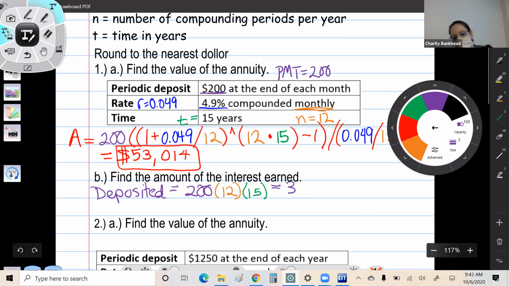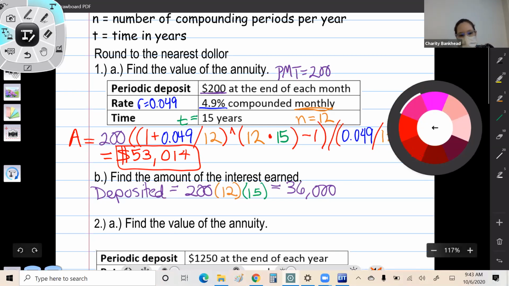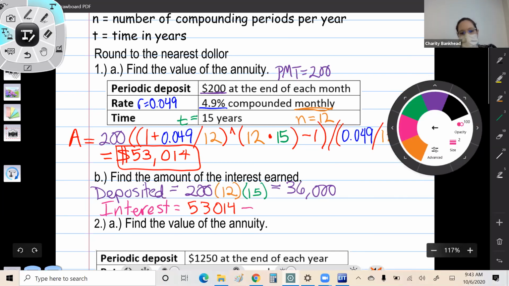So you actually deposited $36,000 into the account, but you have 53,000 in there. So why is it 53,000? Well, because you earned interest. So your amount of interest is equal to the total amount, 53,014, minus the total amount of your deposits, which is 36,000.